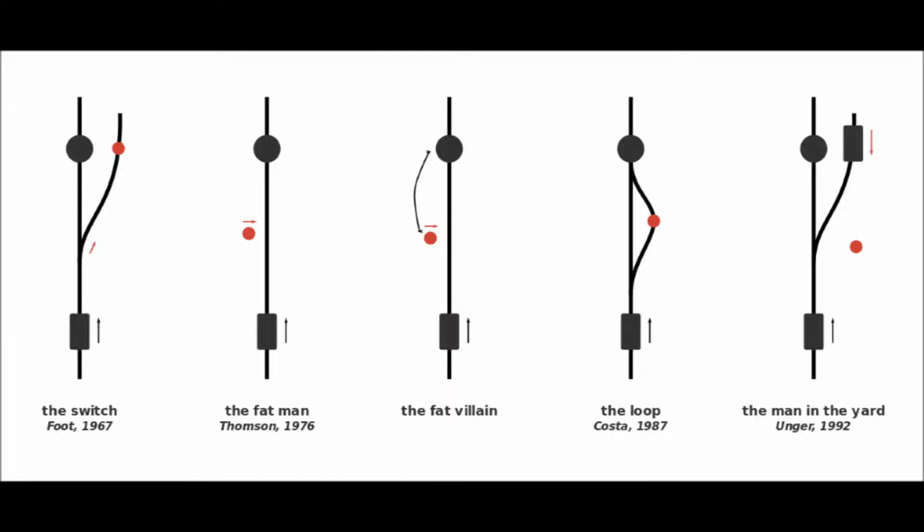The trolley is moving down the track toward the five people that are tied down onto the track, and they can't escape for whatever reason. So the trolley is moving down there. The 5 are represented by the large round dot, while the trolley is a rectangle.